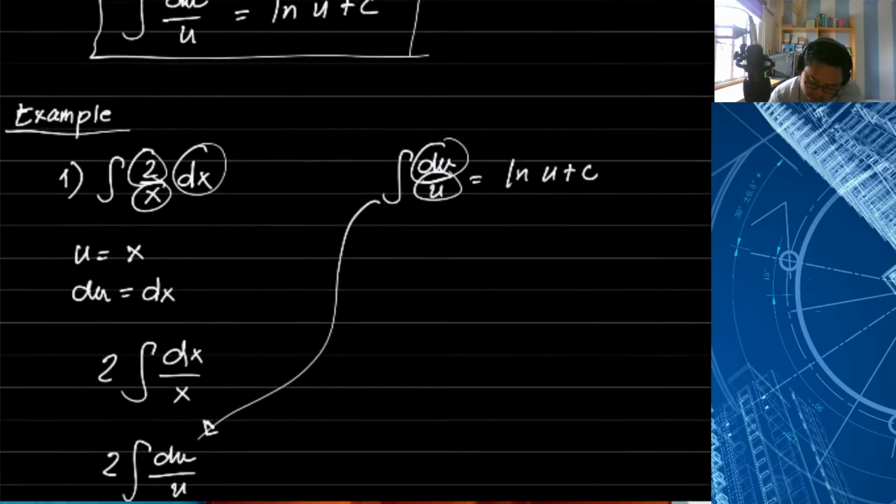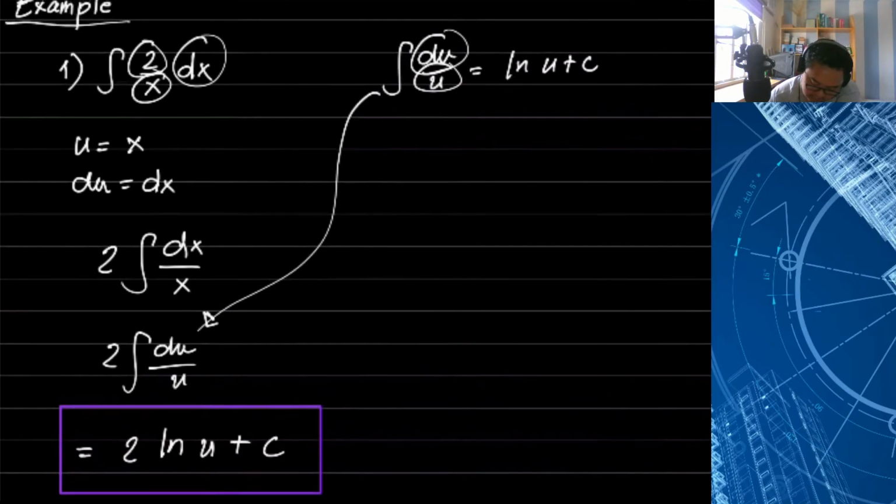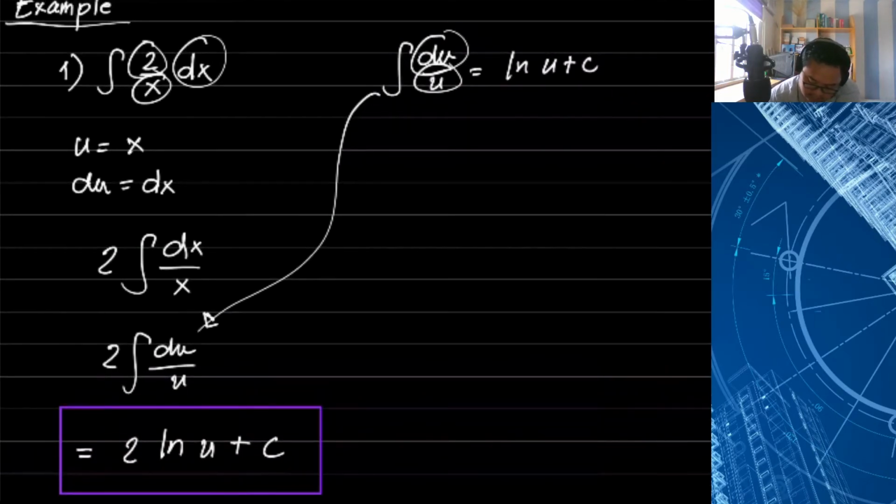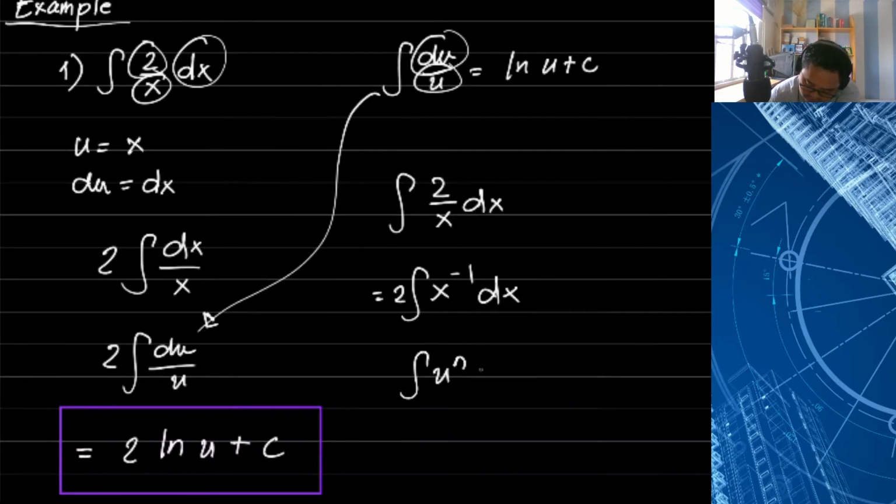By the way, if you ask, Sir, what if I use the power formula on that? Let's see what will happen. The integral of 2 over x dx: I move the x to the numerator, so it becomes x to the negative 1 dx. Recalling our power formula, the integral of u to the n du is equal to u to the n plus 1 over n plus 1, plus c.